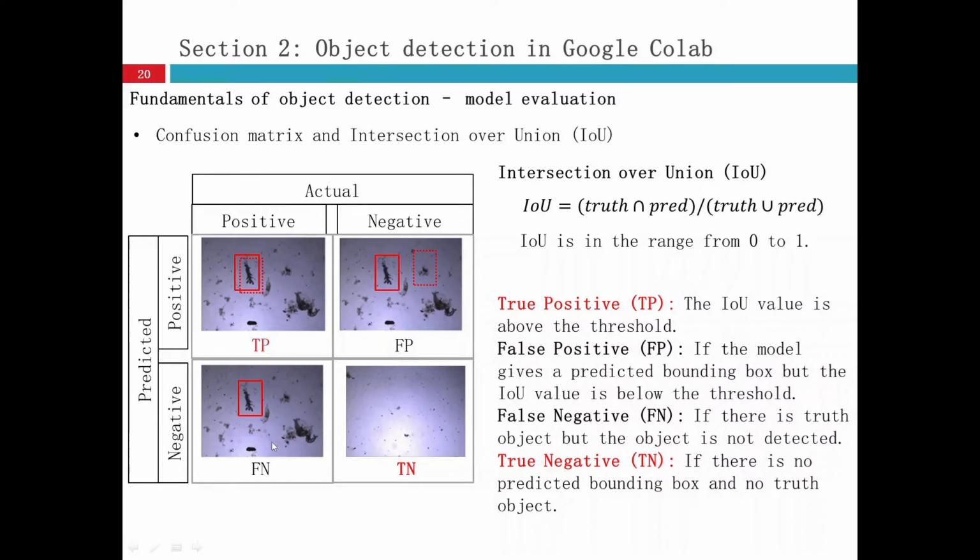For the false negative, there is a true object, but the object is not detected. And a true negative is if there is no predicted bounding box and no true objects. The true positive and the true negative are the correct detections. And this whole matrix is called the confusion matrix.